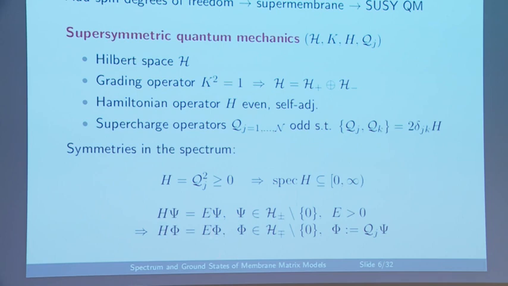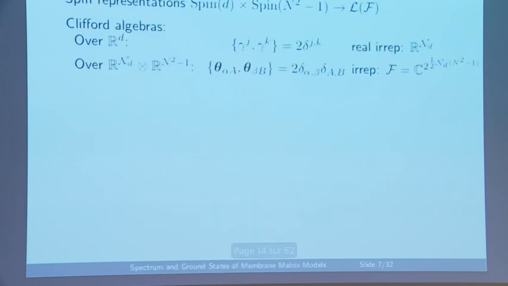So there's always a pairing for the nonzero energy eigenvalues, but not necessarily in the zero energy sector, because then you would annihilate the state by acting with Q. This is used, for instance, in index theorems and so on to spot whether there is a zero energy state or not.